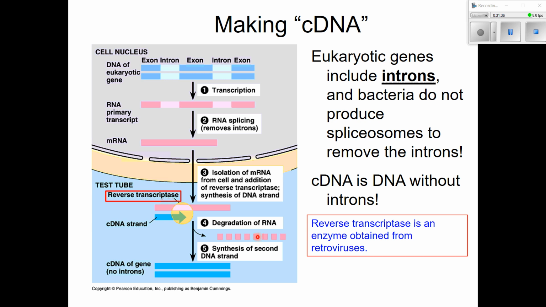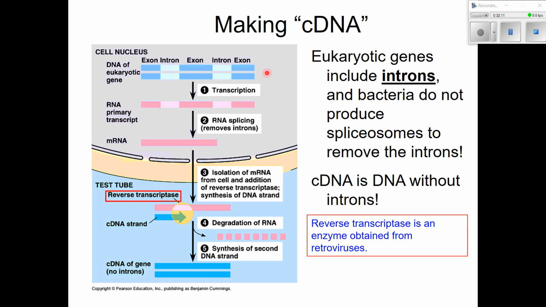And then finally, a third enzyme is added into the test tube, which is just good old-fashioned DNA polymerase, so that we can take this single strand of DNA and go ahead and synthesize the complementary strand, because we know DNA is supposed to be double-stranded. So what you have, this finished product right here, is a double-stranded DNA molecule. This is the gene, the human gene, the human insulin gene, or whatever the gene of interest is.